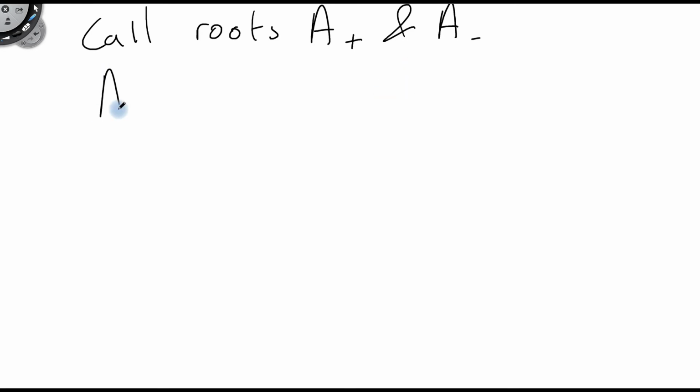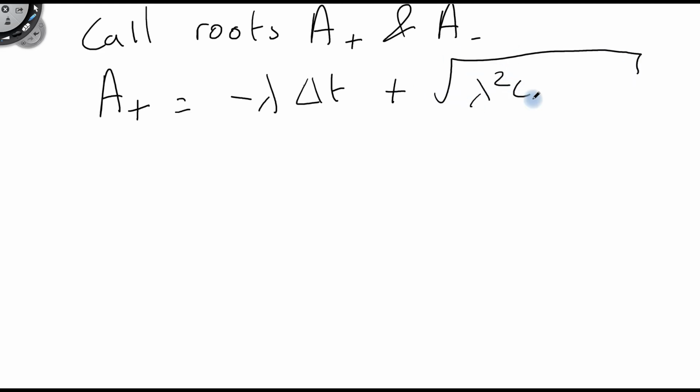So A plus is minus lambda delta t plus the square root of lambda squared delta t squared plus 1. And now I'm going to use a Taylor expansion.